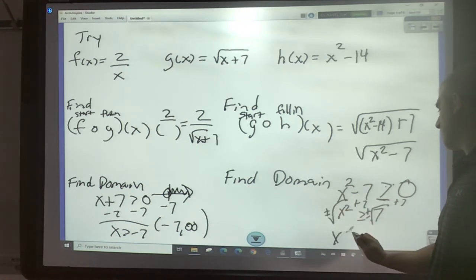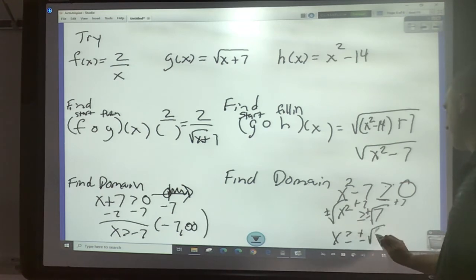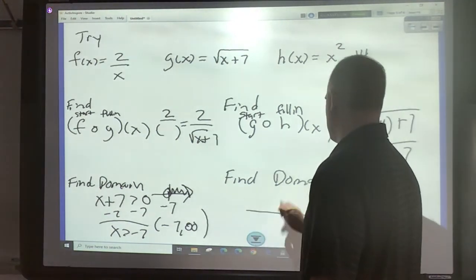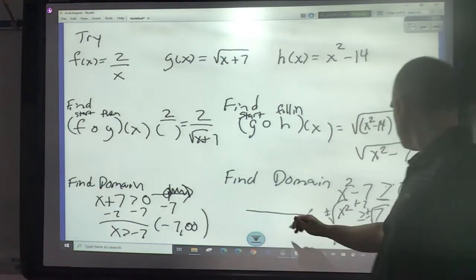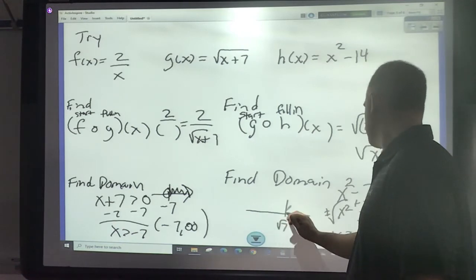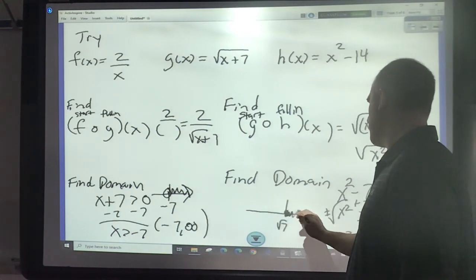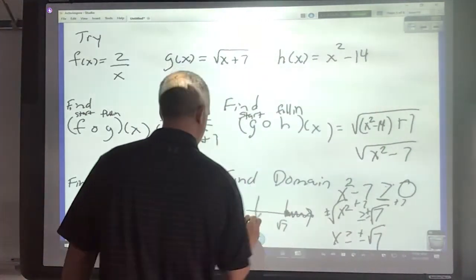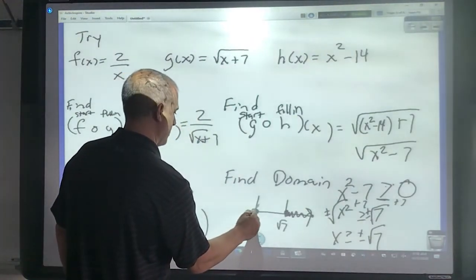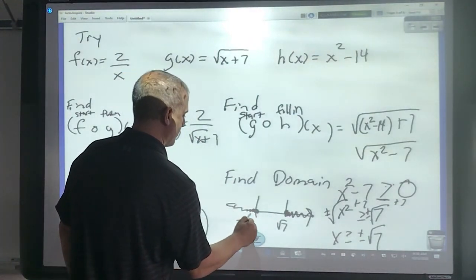So x is greater than or equal to plus or minus the square root of 7. What does that mean? x has got to be greater than the square root of 7, and the other part is x is going to be less than negative square root of 7.